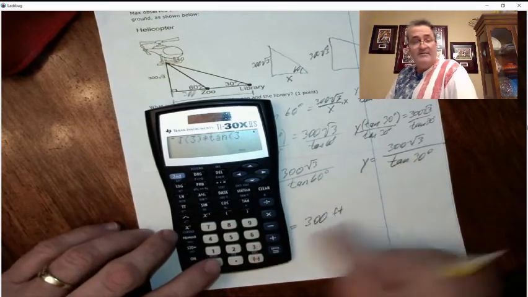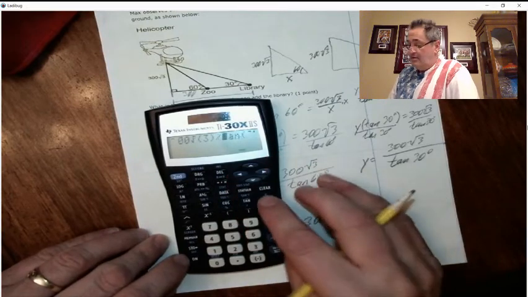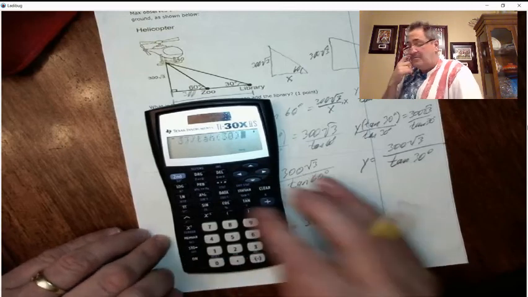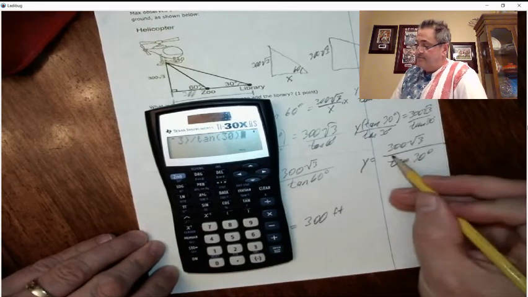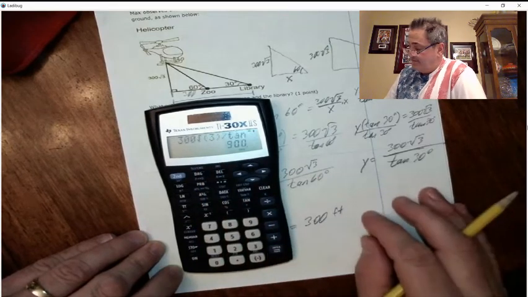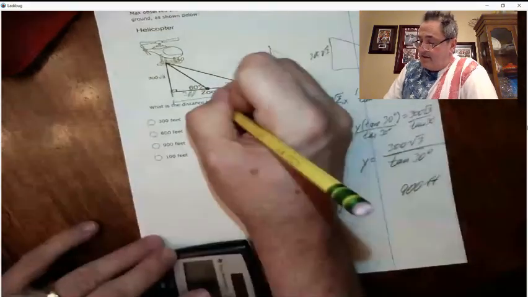Oh, it's not times, it's divided. Don't want to make that mistake. We were multiplying before. Make sure you're dividing. Divided by tangent of 30 equals 900 feet. So this distance is 900 feet.